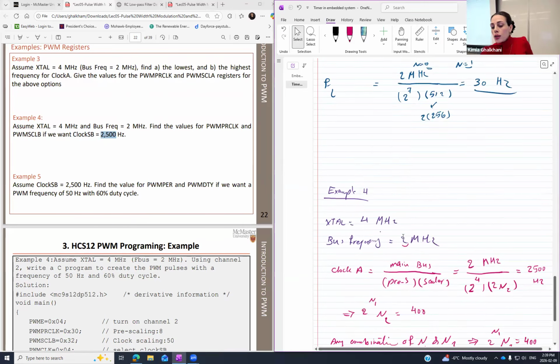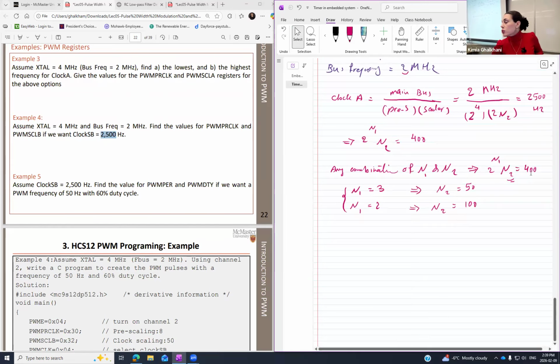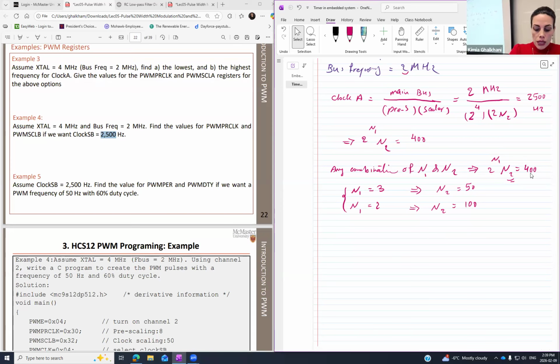That comes from the scalar and prescalar. You don't have to calculate that 400. So any combination of n1 and n2 that satisfies 2 to the power of n1 times n2 equal to 400 can be used, right?